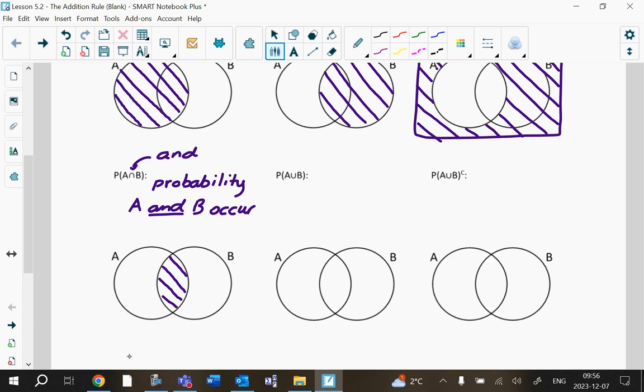The second symbol, a right side up U, means or. Big difference between the words and or. So this would represent the probability A or B occur.